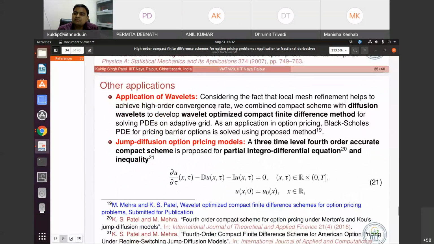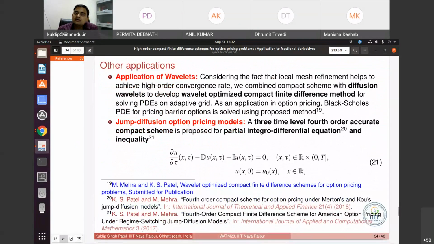Though I discussed very briefly yesterday other applications for this compact scheme. See, again, I'm coming to my compact scheme. The idea is that this compact scheme which we have discussed is useful in a variety of applications. As I mentioned today, my supervisor is an expert in wavelet methods. So those who have a solution with oscillating nature can go with wavelet applications, because you need an adaptive grid.